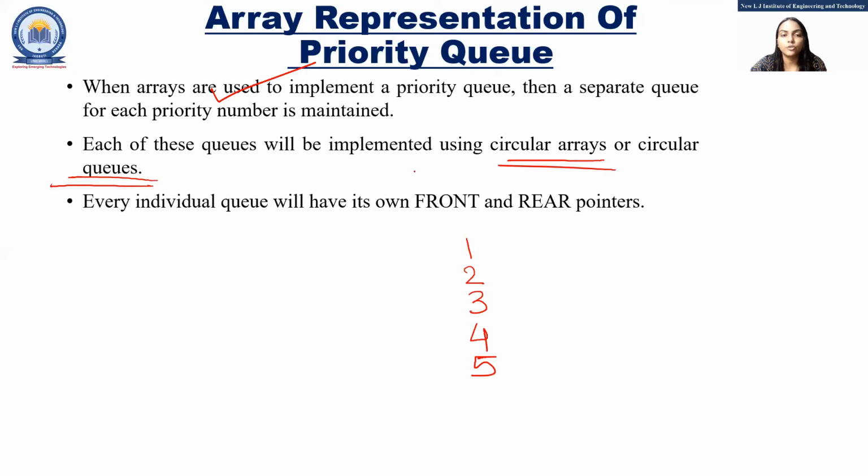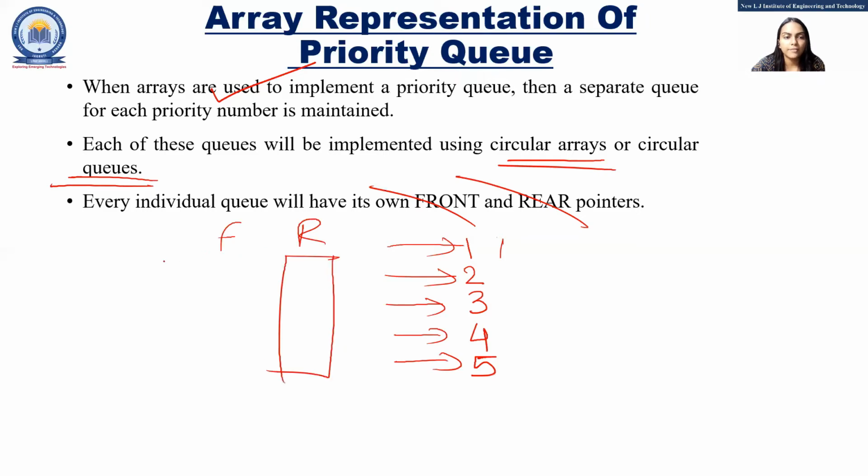That means each queue will have a front and rear pointer. So if there are these 5 queues, each would have its front and rear, and based on priority, elements will be inserted and deleted.